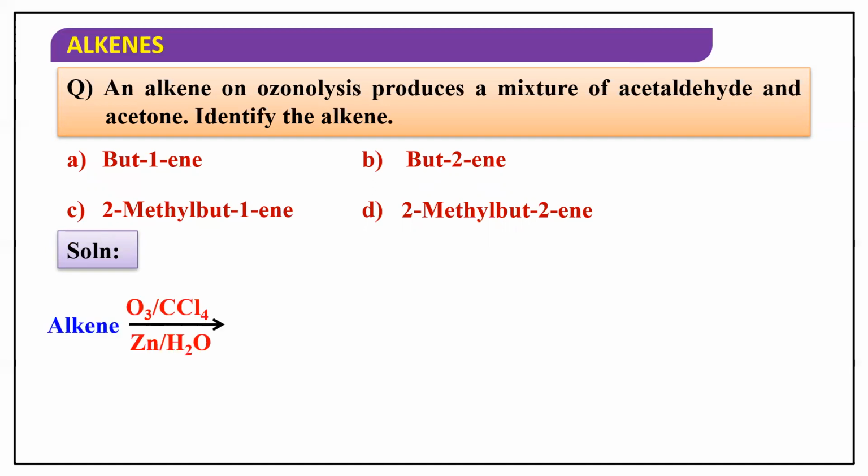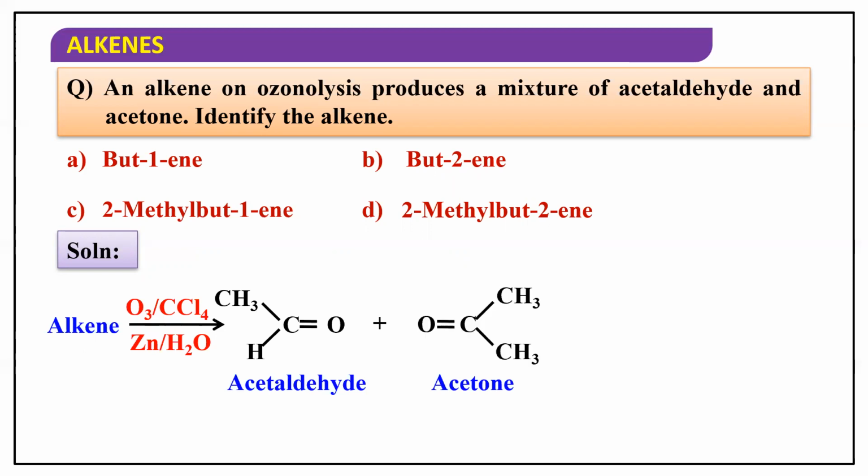What is happening is that the alkene, upon reaction with ozone in carbon tetrachloride and then zinc and water, gives us two products. Which are the two products? The first one is acetaldehyde, which is CH3CHO, and the second one is acetone, which is CH3COCH3.